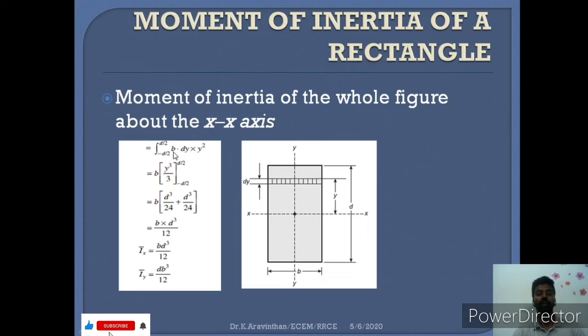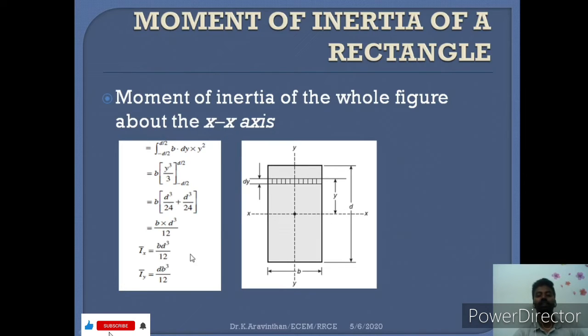So if you integrate this element, you will get y square. The integral of y square is y cube divided by 3, and you substitute d by 2 as the upper and lower limits. If you substitute both limits and simplify, you will get b d cube divided by 12. So this is the moment of inertia about the xx axis.